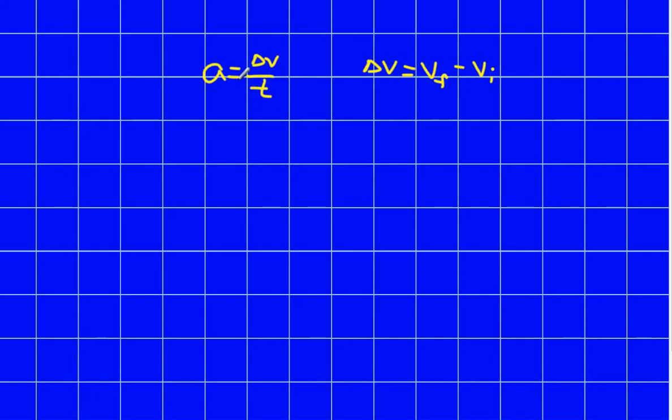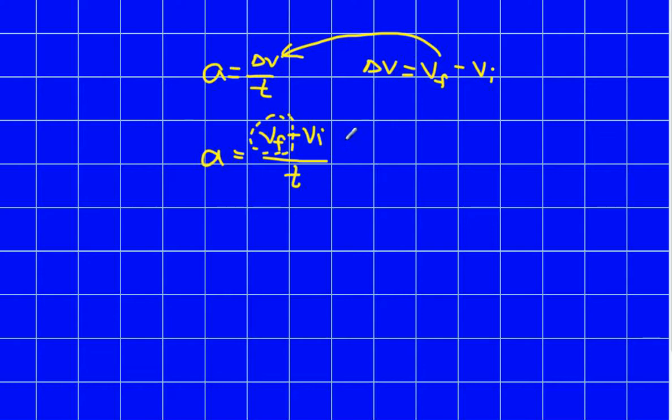If I plug this Vf minus Vi in for delta V, I get A equals Vf minus Vi over T. And what I'm going to do is manipulate this equation to get Vf. I want to isolate Vf and get Vf by itself.